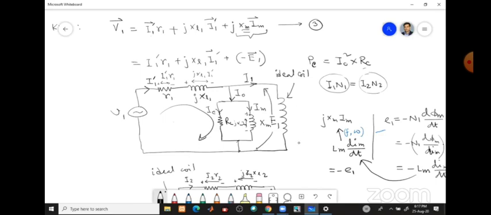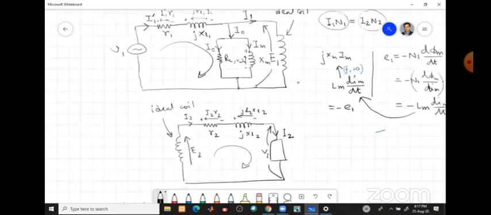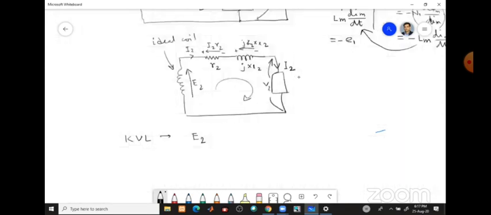Now for the secondary, the source is not V2, the source is E2. So this vector E2 will be equal to I2R2 plus the voltage drop jI2XL2 plus this V2, the terminal voltage. That will give us the fourth equation.